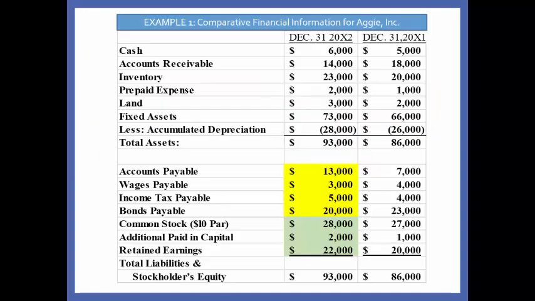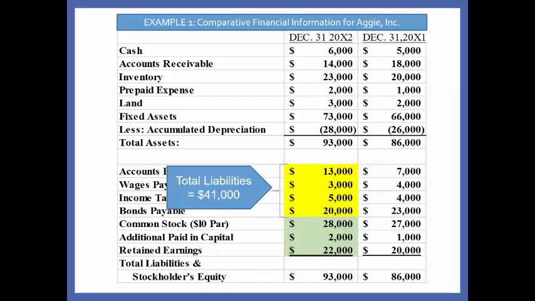And of course, we're looking at 20x2. You can see that I have all of the liabilities highlighted in yellow: accounts payable, wages payable, taxes payable, and bonds payable. So this includes both current and long-term liabilities. Those liabilities add up to $41,000. The equity includes the common stock account, the additional paid-in capital on that common stock, and retained earnings.